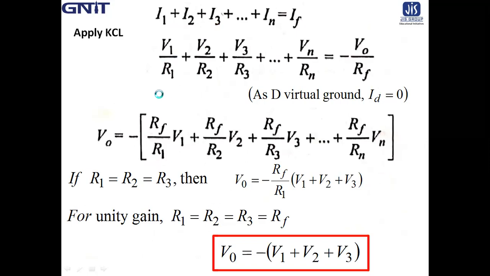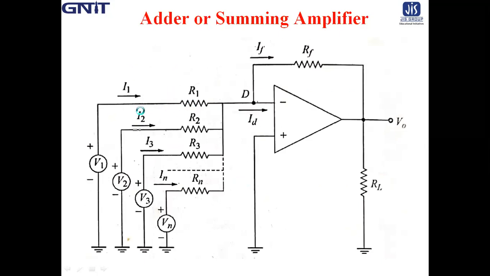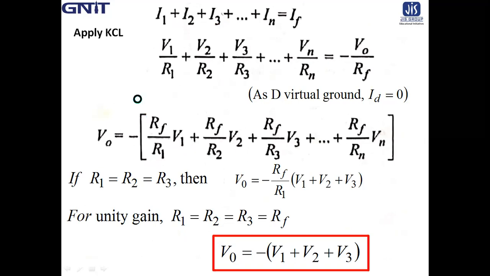I1 is expressed as V1 by R1, similarly I2 is V2 by R2, I3 is V3 by R3 and In is Vn by Rn. So V1 by R1 plus V2 by R2 plus V3 by R3 up to Vn by Rn is If.